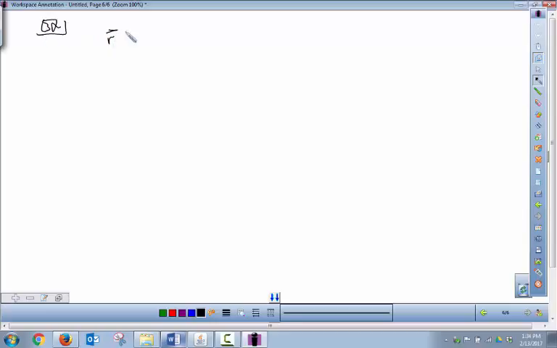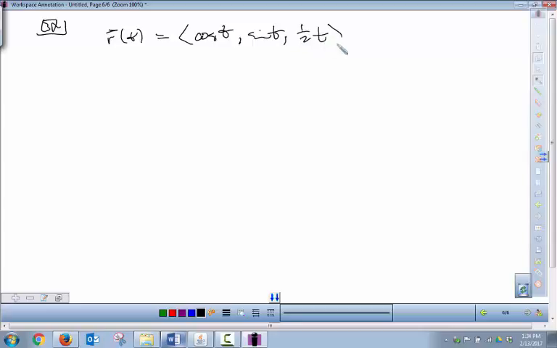Our helix example was the cosine and sine. Should we go 1/2 or 1/10 if we want to picture it? Let's go with 1/10.